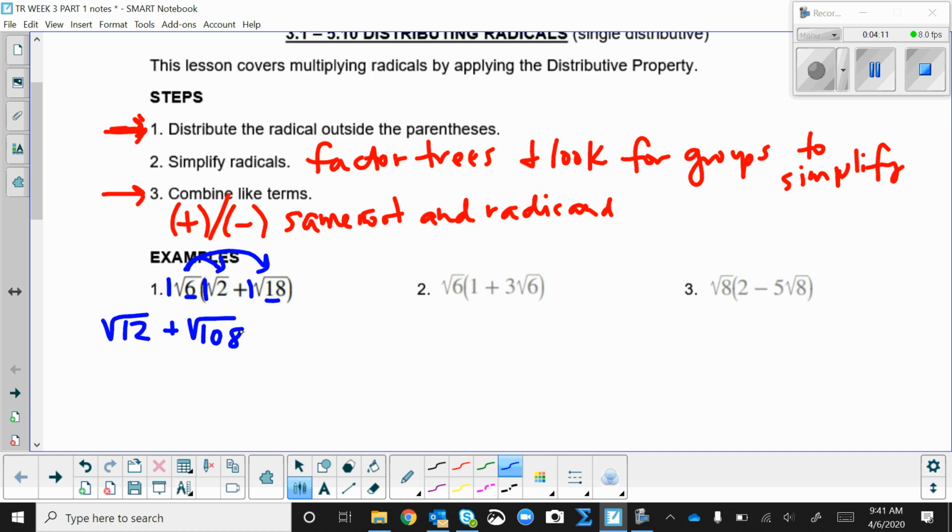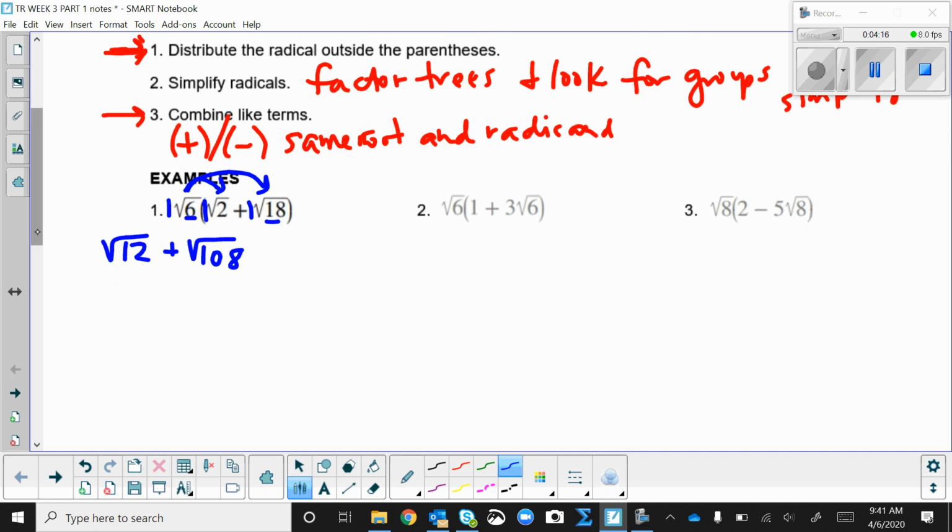Step 2 is to simplify the radicals. You can do your factor tree and write everything out long and then find groups of 2's because we're doing square root. But I'm going to do the ninja method and just skip to the perfect square method. I know that 12 is 4 times 3, and 108 is 36 times 3.